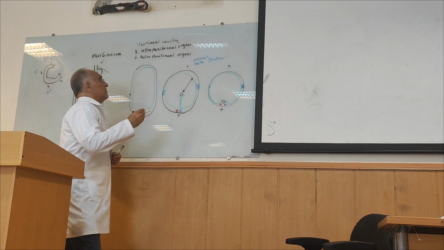Look here, the greater omentum is attached to the transverse colon, so when we pull up the greater omentum and want to reach the back of the stomach, the transverse colon comes up too. Okay? It's clear? We will go to the dissection room, and if there is still peritoneum, you can see it.